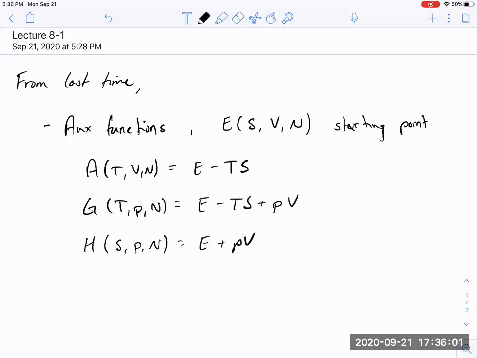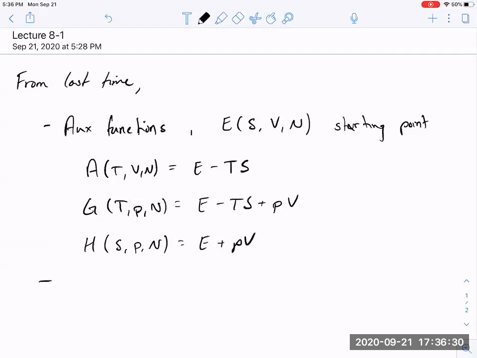So entropy increasing in a closed system is a natural way to state the direction of a spontaneous fluctuation, but not all systems are closed. If we instead, for example, hold the temperature fixed, the natural way to discuss spontaneous change is through the Helmholtz free energy. If we hold both the temperature and the pressure fixed, the Gibbs free energy is what's going to tell us the direction of spontaneous change.